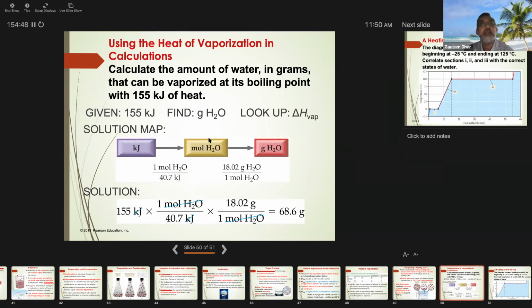So here you have a question: calculate the amount of water in grams that can be vaporized at its boiling point with 155 kilojoules of heat. Now here again, we can basically use that 1 gram is 2.26 kilojoules, instead of mole.